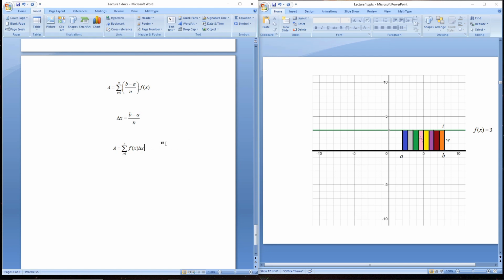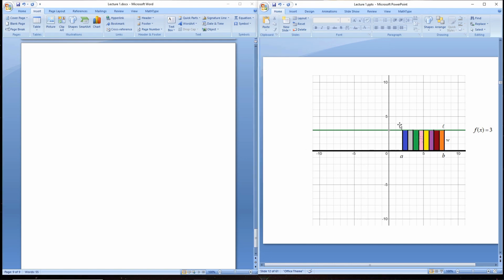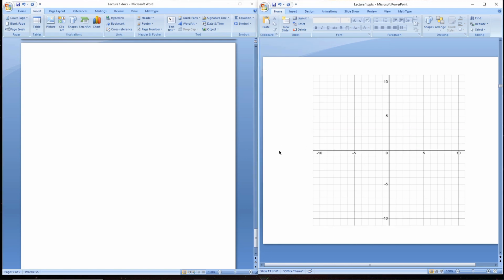So now that we have an expression, a starting point, we need to advance this now to be able to handle curvature. Since so far, this result only works for horizontal functions. So in order to get some curvature in there, let's get rid of our graph over here and start blank again.